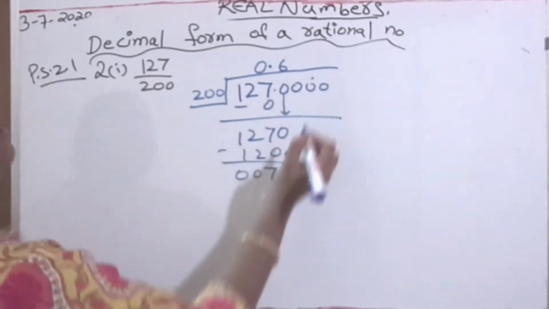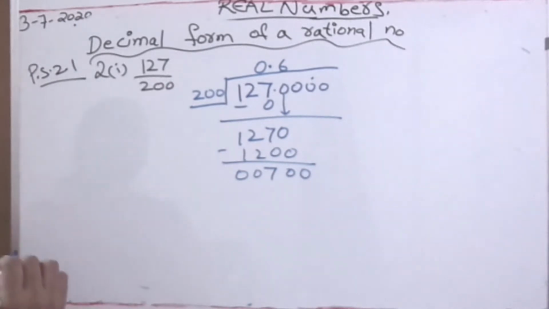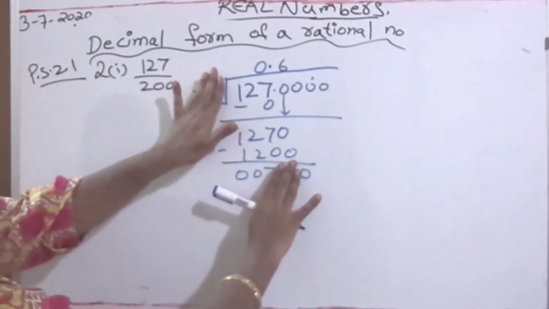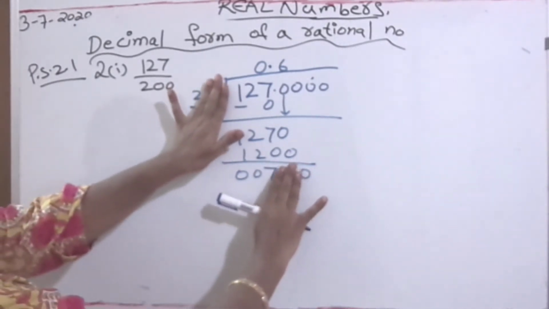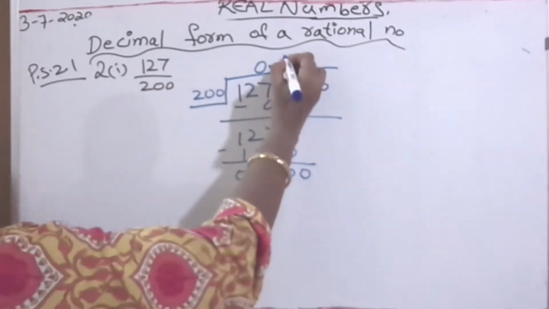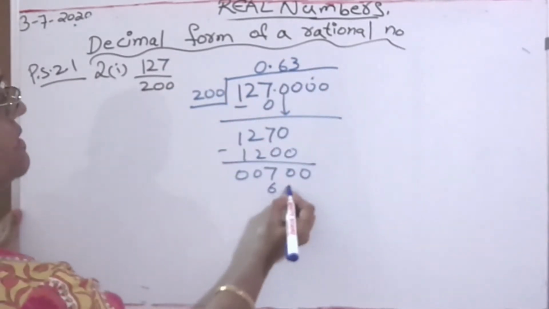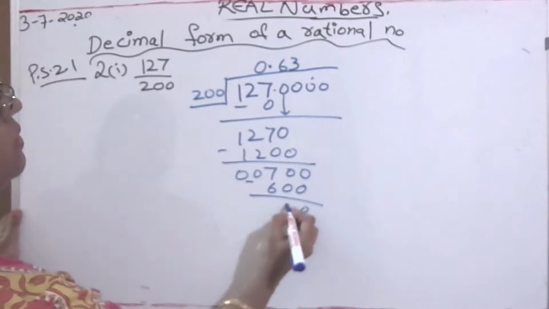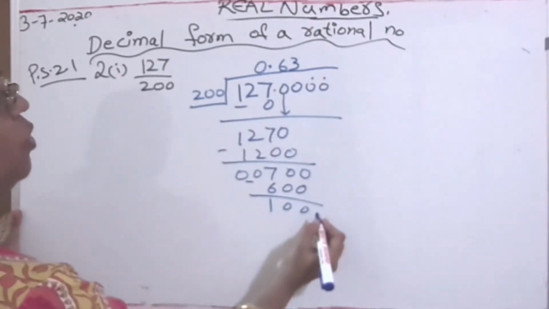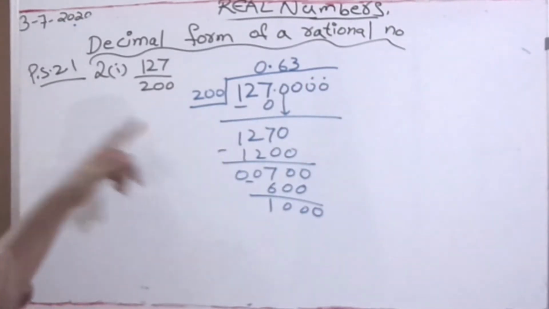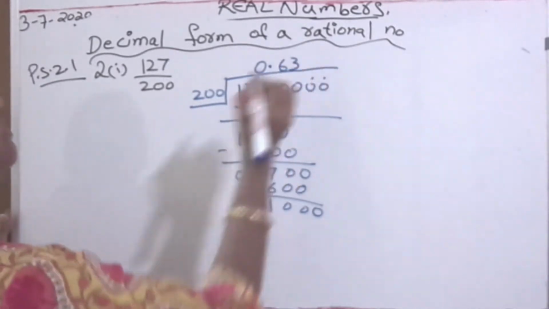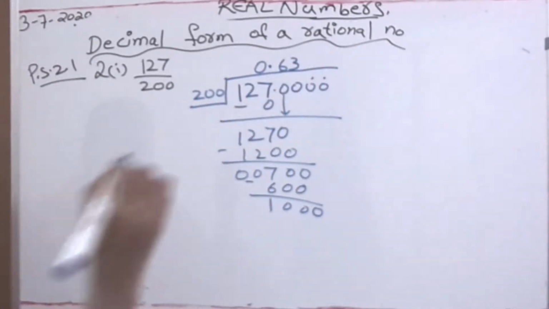Okay, now put down 1 0 from here down. Hide 2 zeros, hide 2 zeros. 2 goes in 7 how many times? 3 times. So 200 3s are 600. Put on the next 0. 200, you know how much it goes in? 1000. 5.